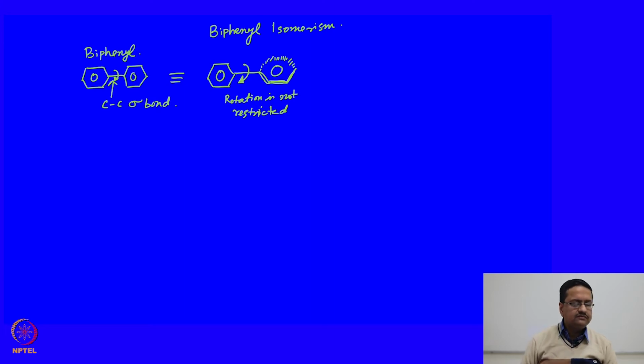But as soon as you start giving substitutions at ortho position on the two phenyl rings, then the rotation about that particular CC bond gets restricted because of steric hindrance between the groups.